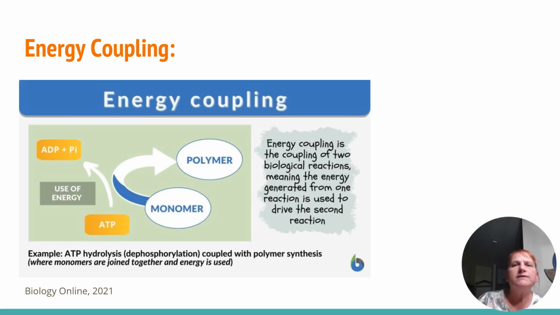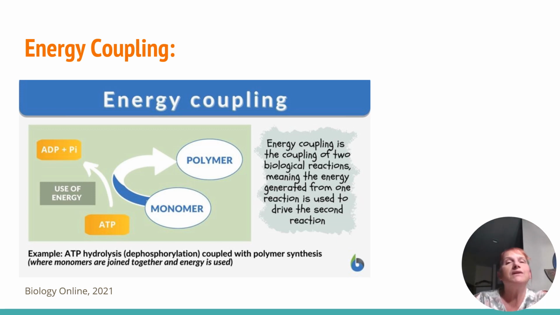Energy coupling is the pairing of two biological reactions, which means the energy created from one reaction is used to drive the other reaction. As seen in the slide, ATP hydrolysis is coupled with polymer synthesis as an example. Exergonic reactions are often paired with endergonic reactions. Exergonic reactions are energy reactions that give off energy, and endergonic reactions are ones that take in energy.